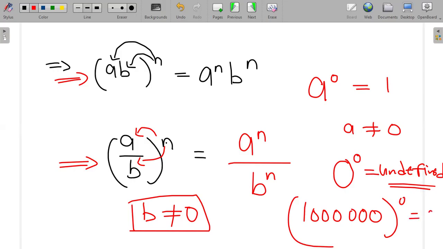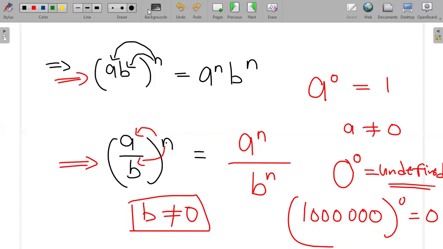This is just 1. Our lecturer used to teach us a lesson about life using this. He says, if you don't do something, even if it's little, about something that you want to achieve, you won't achieve it. It's the same as 1 million to the power 0, because I'm not doing anything to the 1 million.